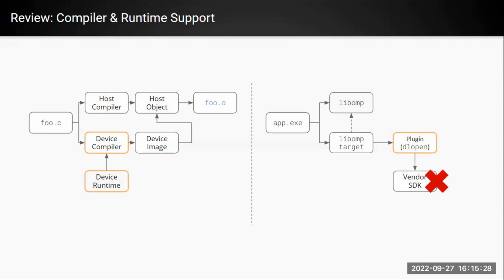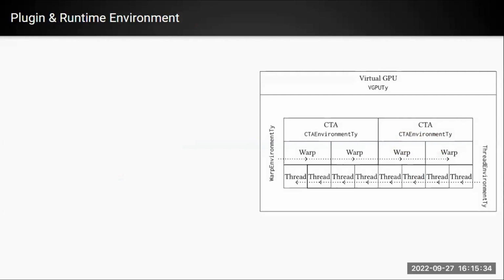If we do virtual GPU, you don't have that. There's no, we made that target up. So this is roughly how our virtual GPU looks in a nutshell. It has multiple CTAs, and all the numbers can be defined at runtime through environment variables.